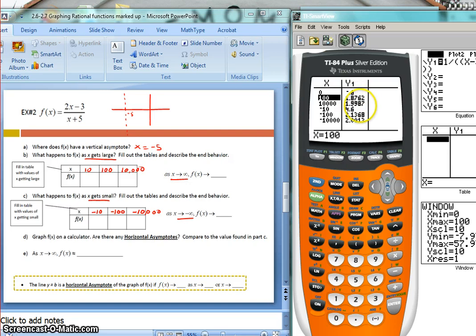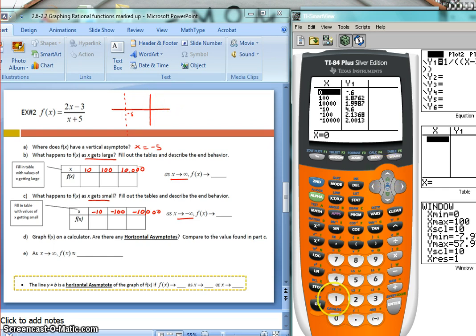Well, they are getting bigger, and they're getting closer to the number 2. So they're all numbers smaller than 2, and it's getting closer to 2. So as x approaches infinity, if I have my vertical asymptote here, and as x gets bigger, I can plot 0, 100 at 1.8, 10,000 at 1.9, and so on, and the numbers seem to be getting closer and closer to 2.